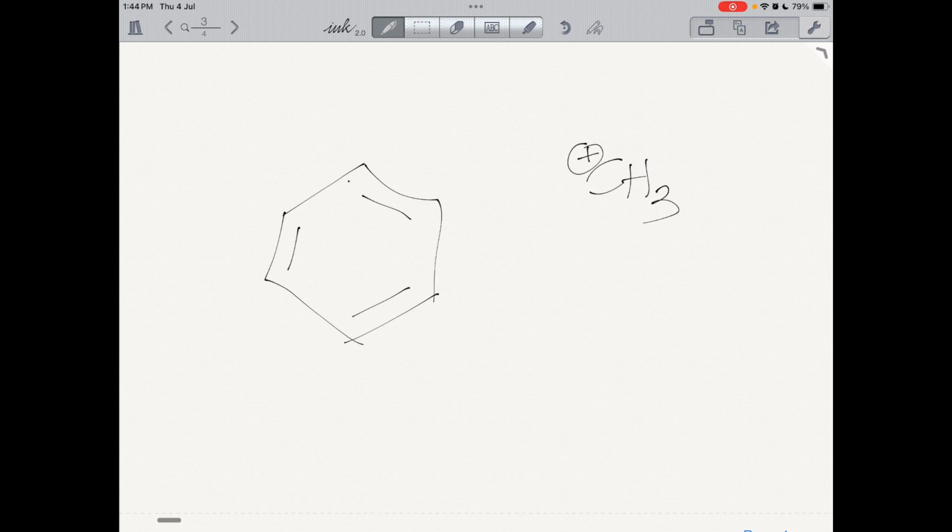Usually, the arrow must move from the region that is electron rich to the region that is electron poor, because it's usually the electrons making the reaction happen. So because this benzene ring is rich in electrons, one of these will come and attack here, and that initiates the connection between the benzene ring and the methyl carbocation.